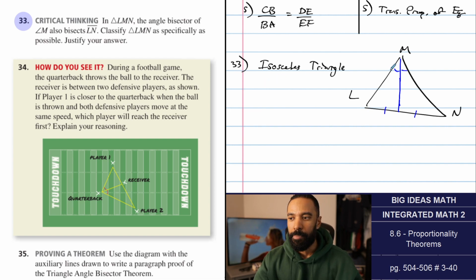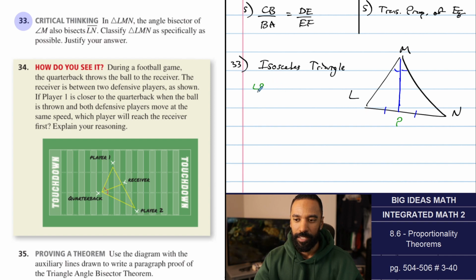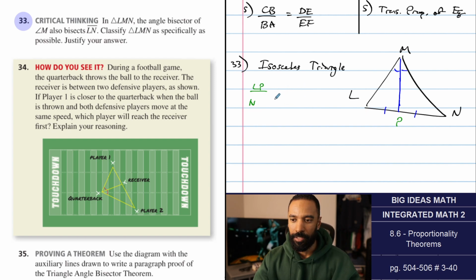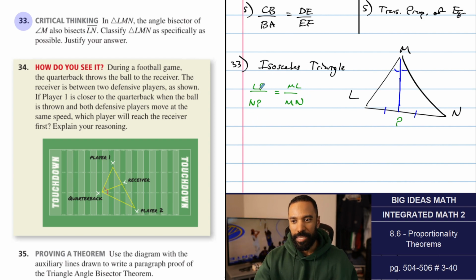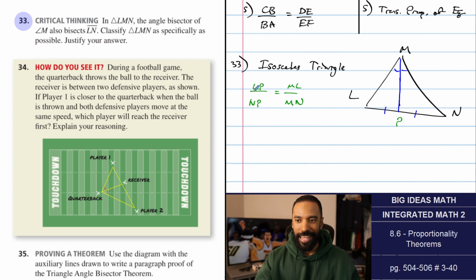So because of the angle bisector, let's call this point P. Because it's an angle bisector, I can say LP over NP equals LM over MN. But because LP equals NP, this is 1.